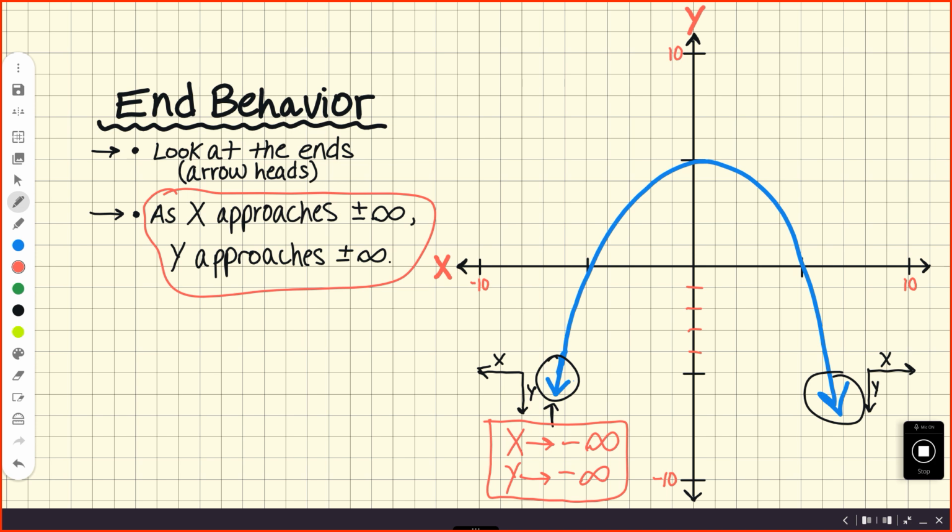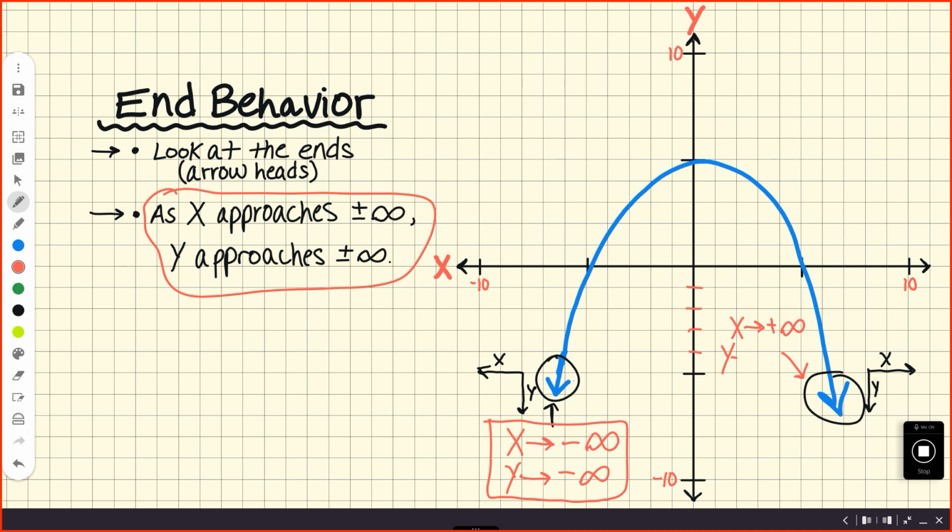For this other portion, the right portion of the end behavior, as x approaches, now x is going to the right, that's where all my positive values are at, so it's going to be a positive infinity.